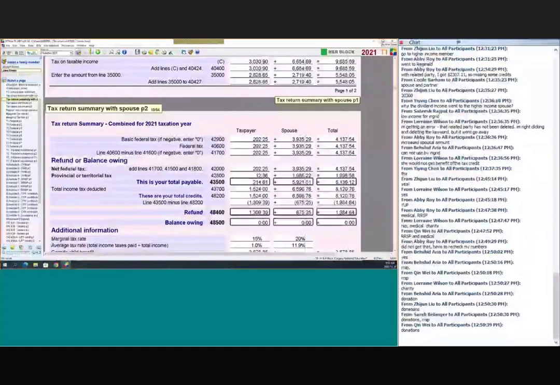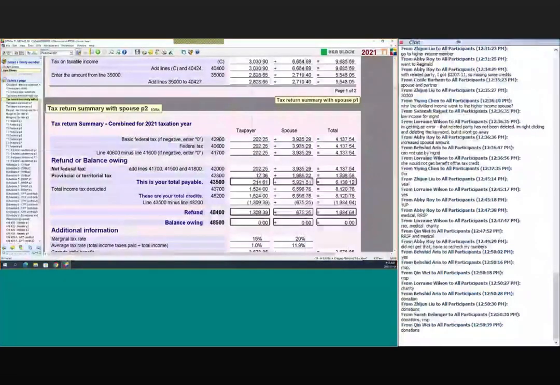So by not optimizing, they actually are getting less of a refund. It's not a big deal, but let's subtract the 1984.64, and it's a difference of $40. So by putting the donations on the husband, they end up with more of a refund.